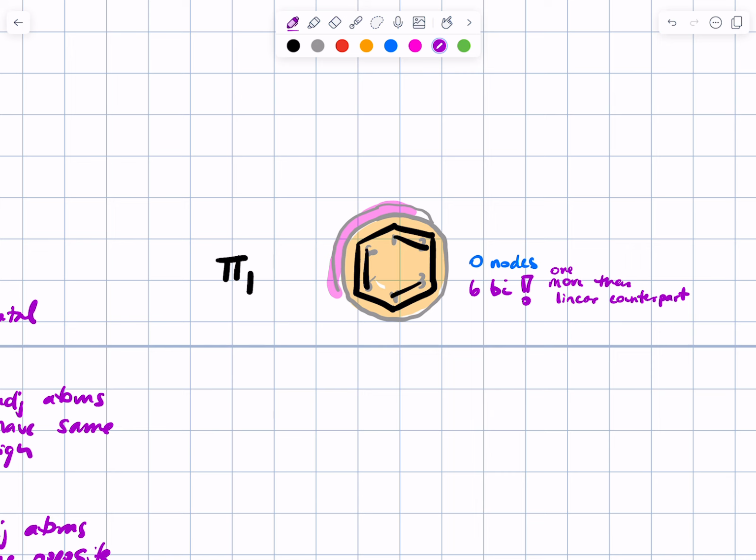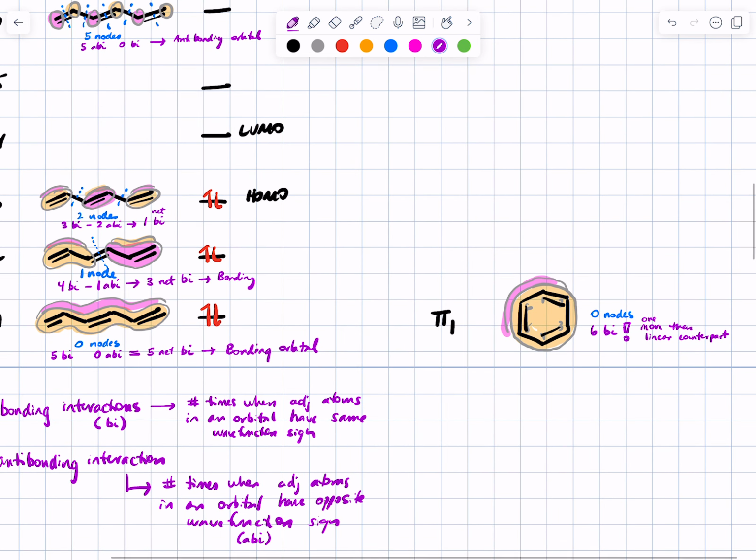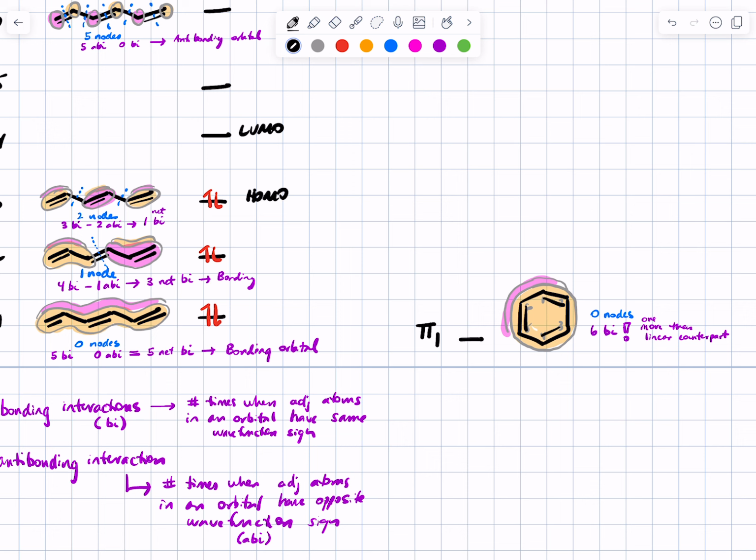Our lowest energy orbital is more stabilizing because there's 1 more bonding interaction. Now we'll draw a couple of the other orbitals for benzene. If we wanted to draw where this one was, I would actually put the energy of the pi1 orbital for benzene lower than the energy of the pi1 orbital for 1,3,5-hexatriene.